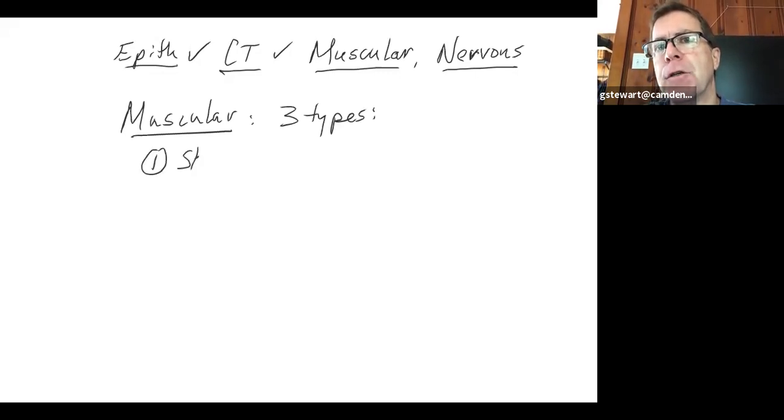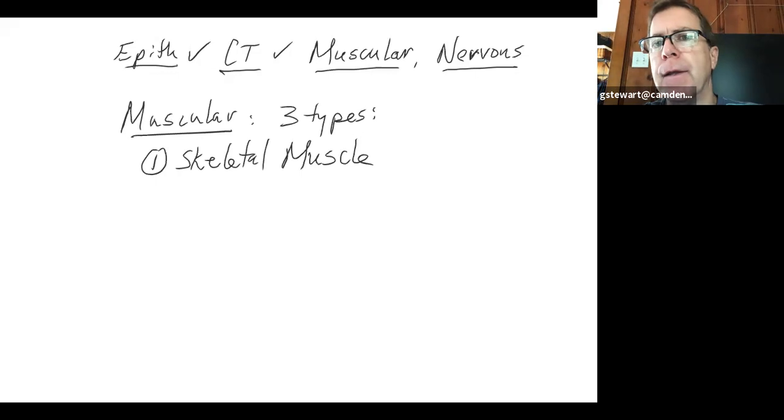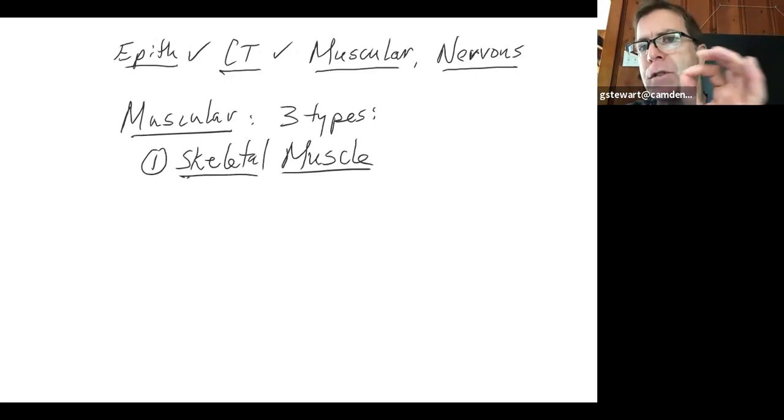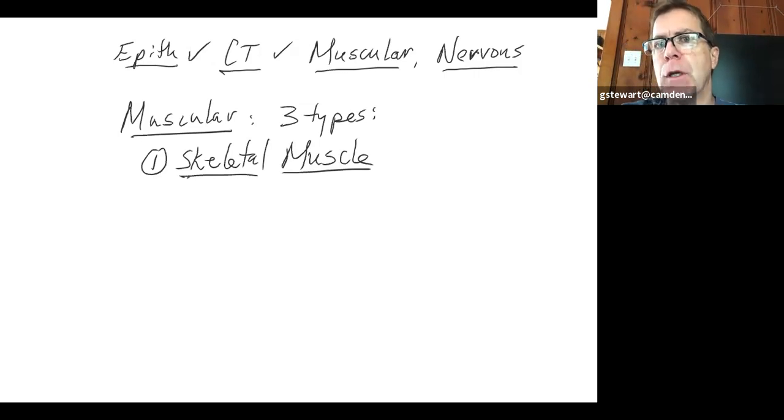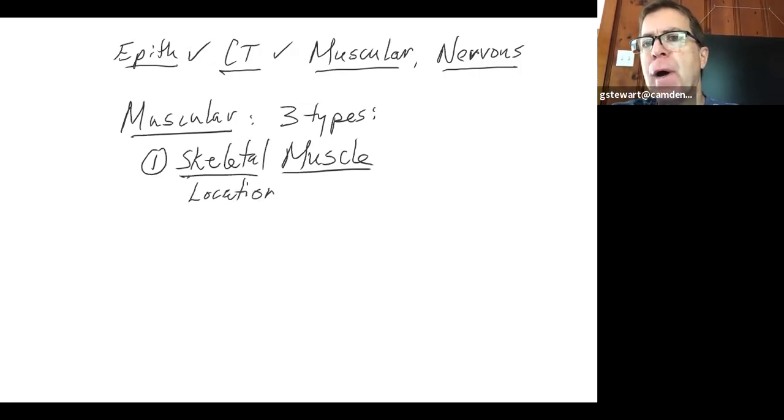Skeletal muscle tissue. I'm going to go through these and give you general characteristics of each one. This is the stuff that's attached to bones. So skeletal muscle, technically, when you hear the word muscle, what you and I think of is skeletal muscle, because it's the muscles all over our body attached to bones. So location, yes, it's found all over the human body, but I'm just going to put attached to bones.